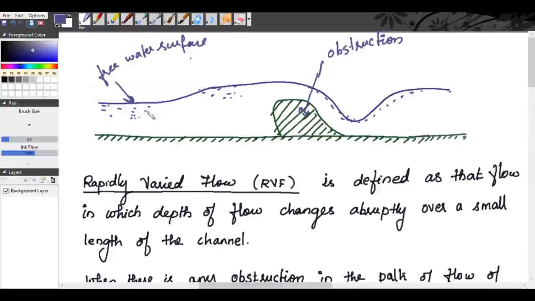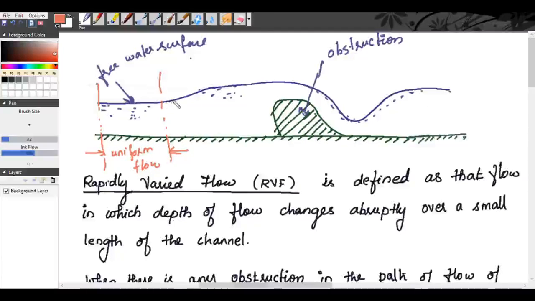Now, you can see from this point to this point, there is no change. It is uniform flow. The depth is the same, the velocity will be same, the discharge will be same. So this part up to here, you will call it as uniform flow. After uniform flow, because of this obstruction, the flow characteristics are changing.